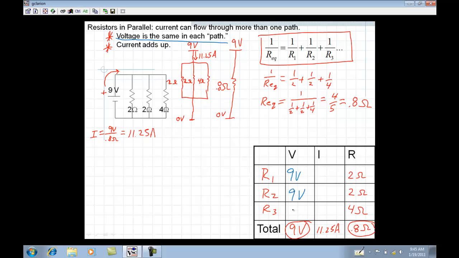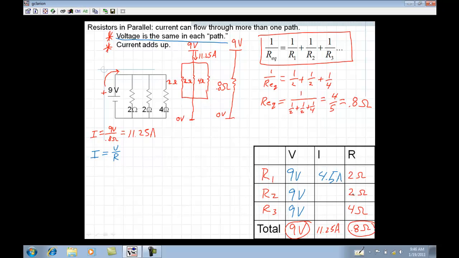So can I now figure out the current in each of them? Yeah, I can do the same equation where my current is equal to my voltage divided by my resistance. So 9 divided by 2 is going to come up to what? 4.5 amps.